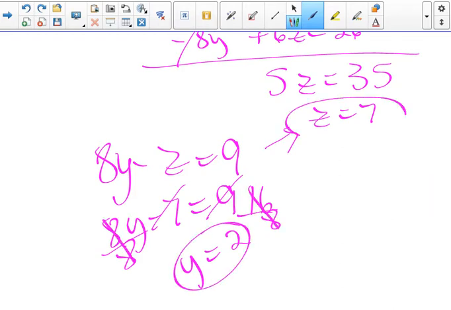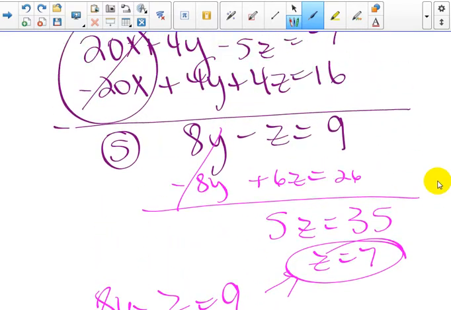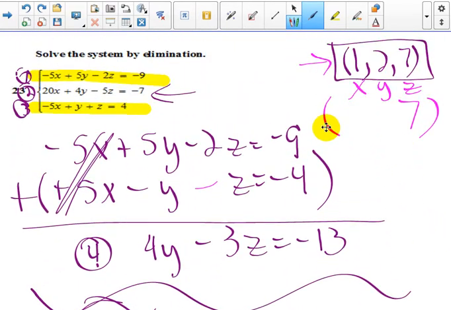So now we've got a z and a y, so now we've got y equal 2. Now we've got to plug in our y and z into one of our first equations, and you'll get your x. So let's do that. So I'll just use the bottom equation again.